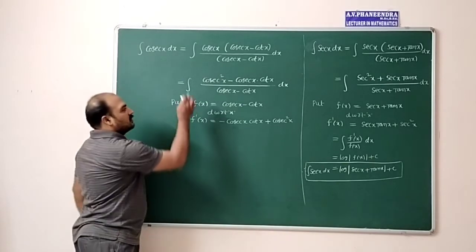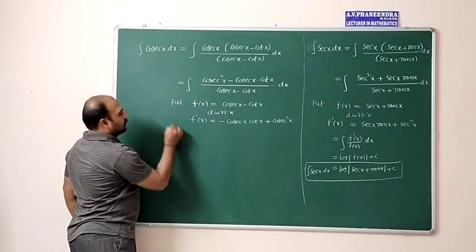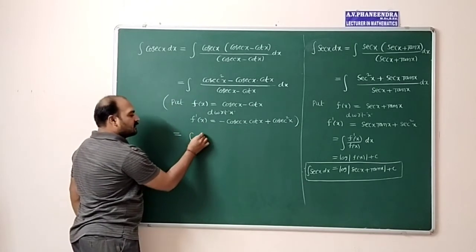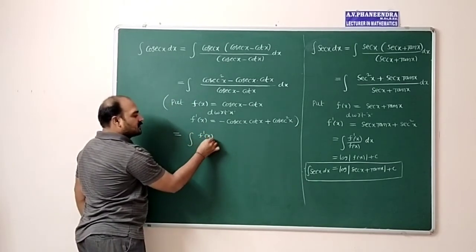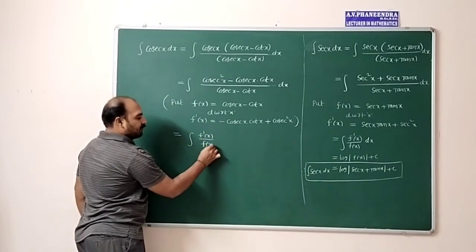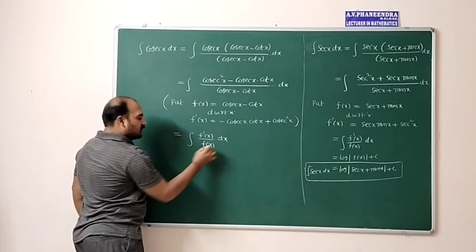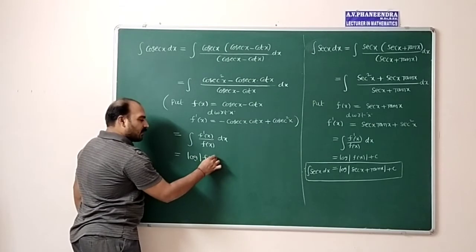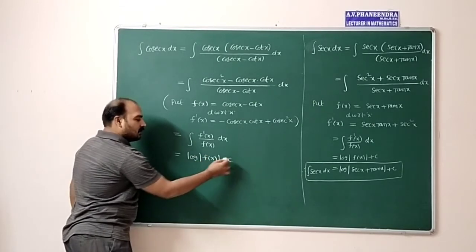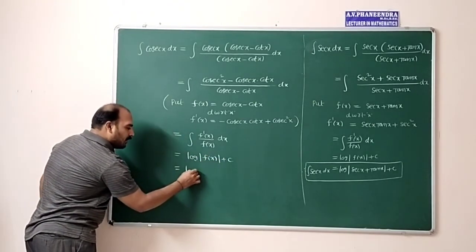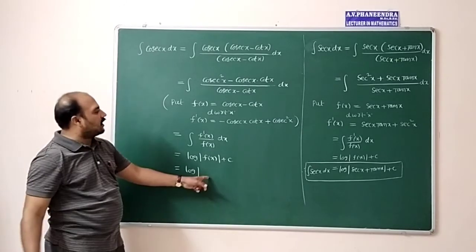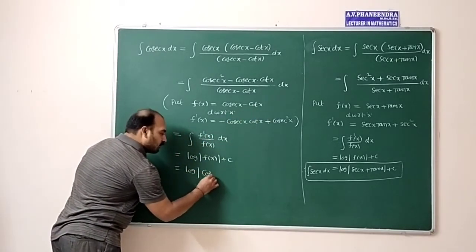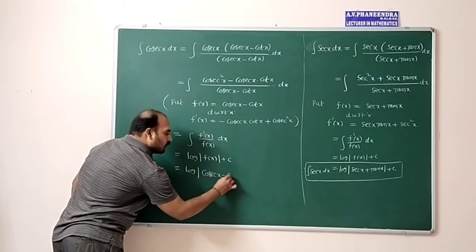So this integral becomes integral f dash of x divided by f of x dx. Again by using the formula it becomes log mod f of x plus c, which is equal to log mod cosecant x minus cot x, since that is the f of x value here.